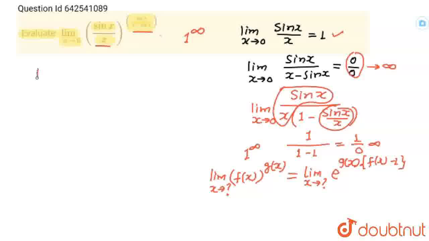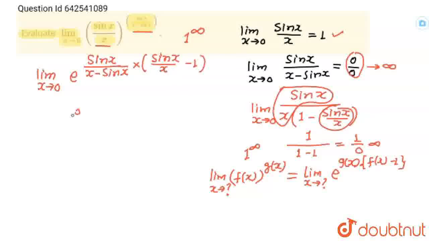So what can we write? Limit x tends to 0 e to the power g(x), and g(x) is sin x upon x minus sin x, into f(x) minus 1. f(x) is what? sin x upon x, minus 1.